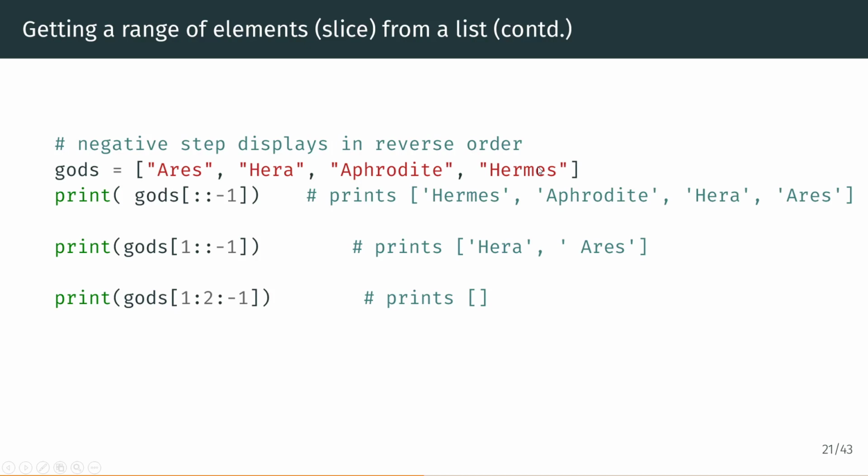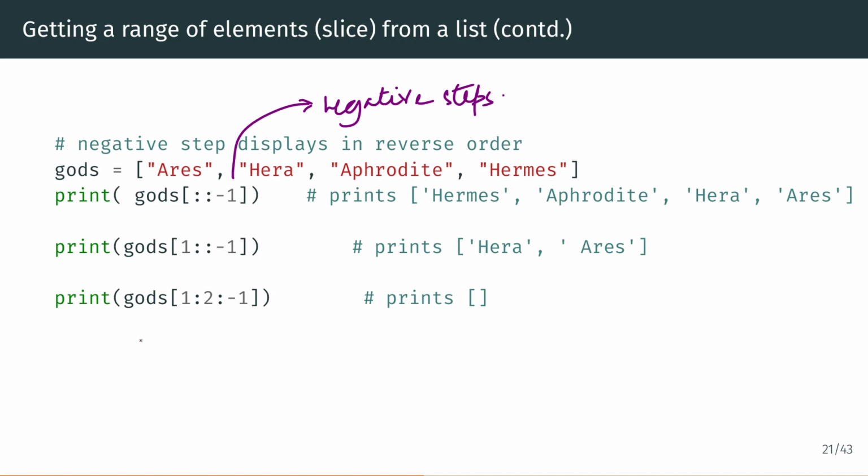Now, Python lets you do some pretty interesting stuff with the slice notation, especially when the step size is negative. Now, what happens is when the step size is negative, the meaning of the syntax remains unchanged, but the defaults will change.